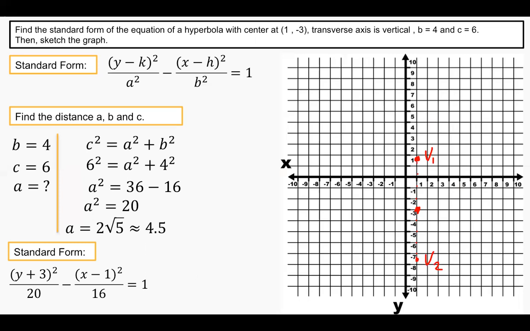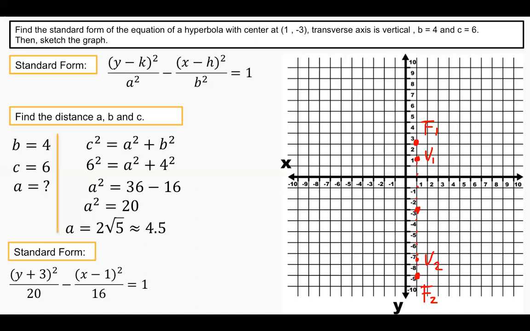Then I will count 6 units again above and below the center for me to locate the foci. 1, 2, 3, 4, 5, 6. This is our focus 1. Then again, 1, 2, 3, 4, 5, 6. This is our focus 2.